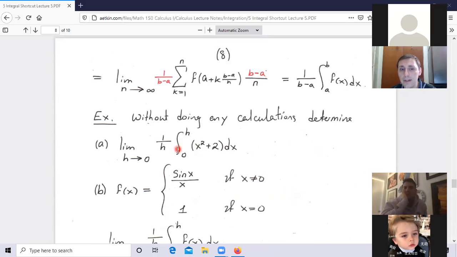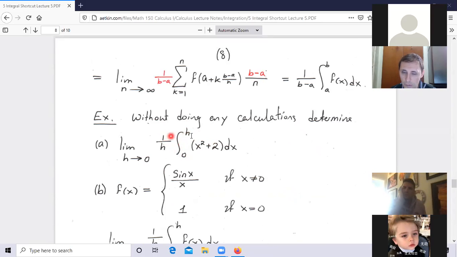If I see an integral of some function, and I see that I multiply that integral by 1 over the length of the interval of integration, then this is average. This is the average height. We calculated it before.